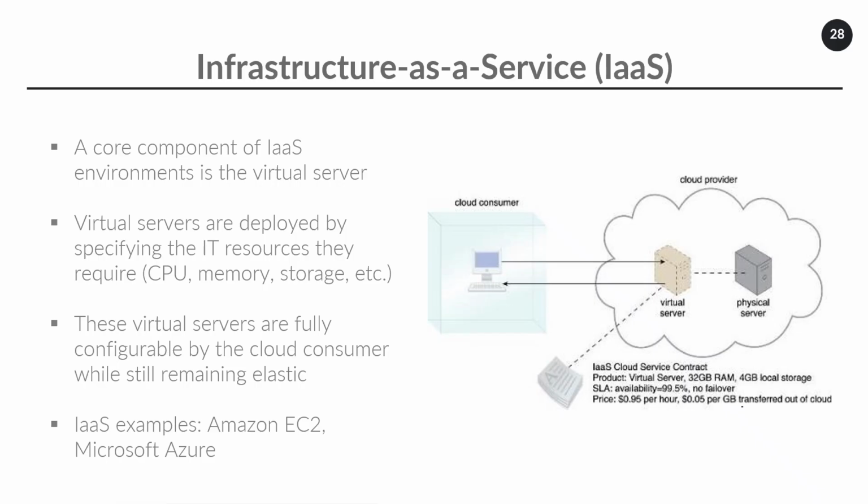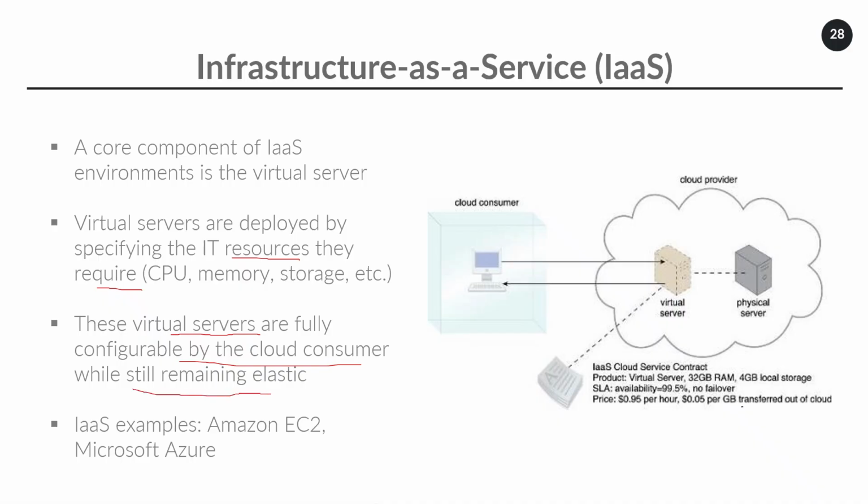So a core component of IaaS is our virtual server, VMs we've discussed before. Virtual servers are deployed by specifying the IT resources they require: CPU, memory, storage, etc. These virtual servers are fully configurable by the cloud consumer while still remaining elastic.